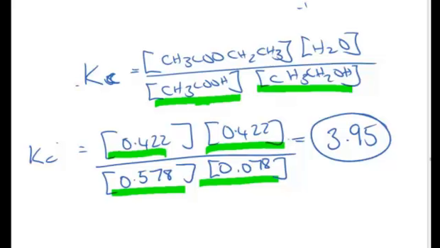Okay, now we're asked to also work out the percentage yield for the ester, and that can be done relatively straightforward because we start off with 0.422 moles of it.